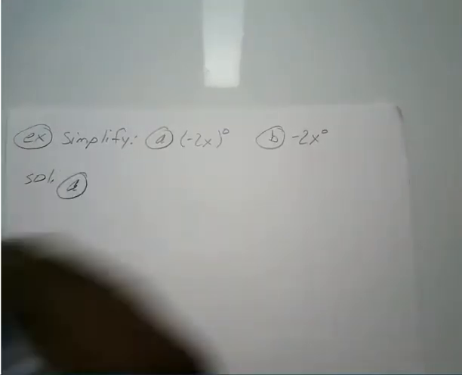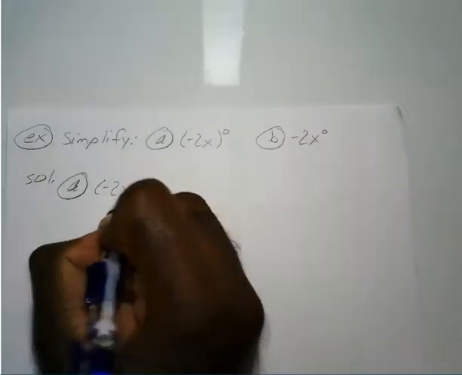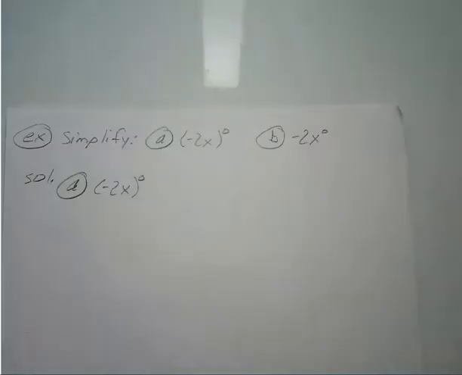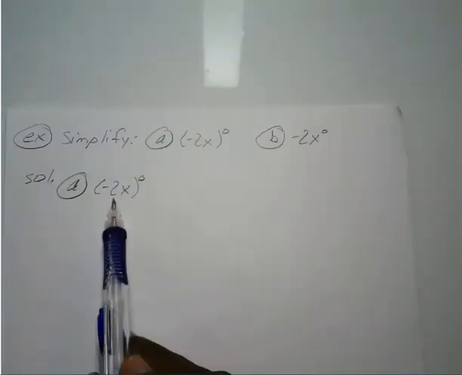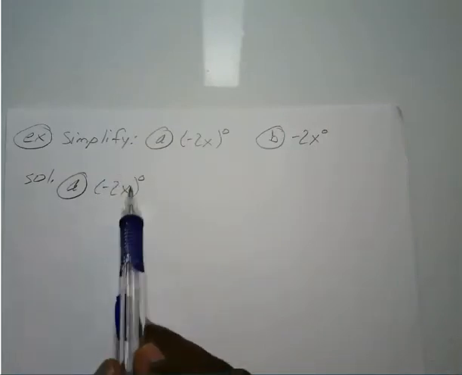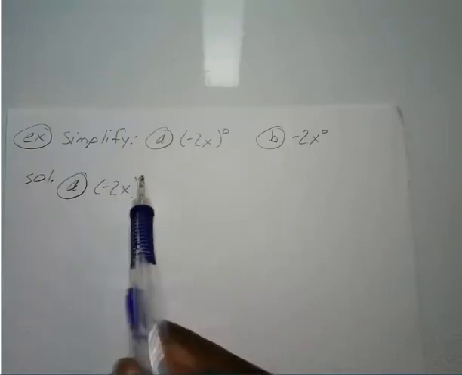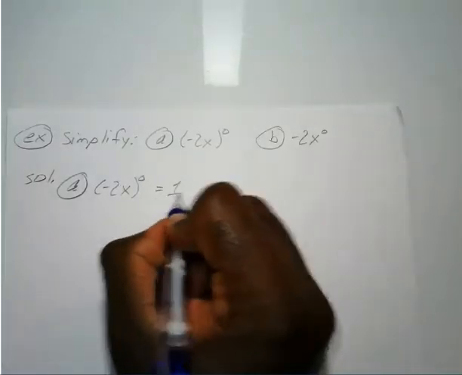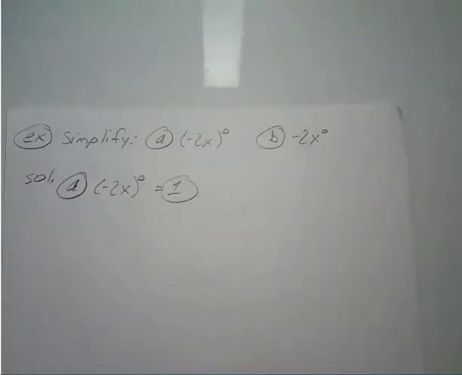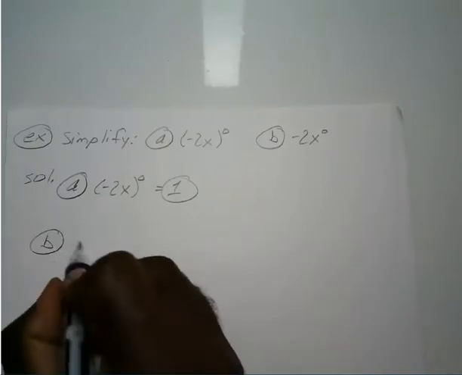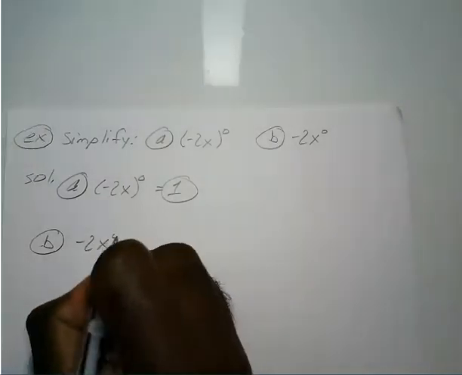Okay, so for problem A, negative 2x and that whole thing to the power of 0, that 0 applies to everything in those parentheses. Okay, so anything raised to the power of 0 is just equal to 1. Now without those parentheses, you have negative 2x to the 0.